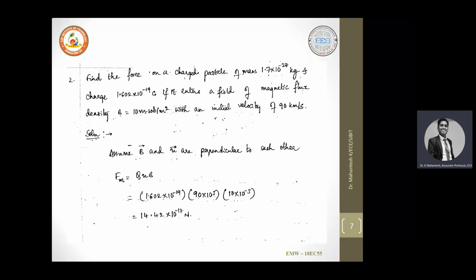F is given by Q V cross B. I have assumed B and V are perpendicular to each other. So QVB sine theta, theta is equal to 90, sine 90 is equal to 1. Therefore, F is equal to the product of QV and B. It's given by 14.42 into 10 power minus 17 newtons.